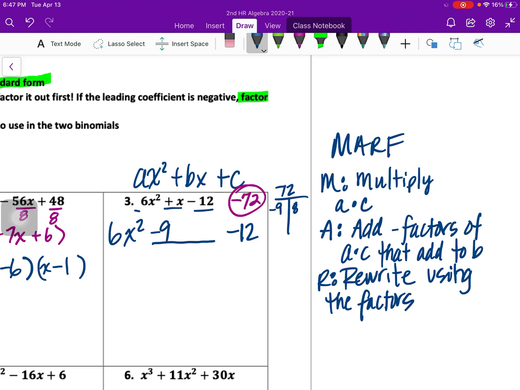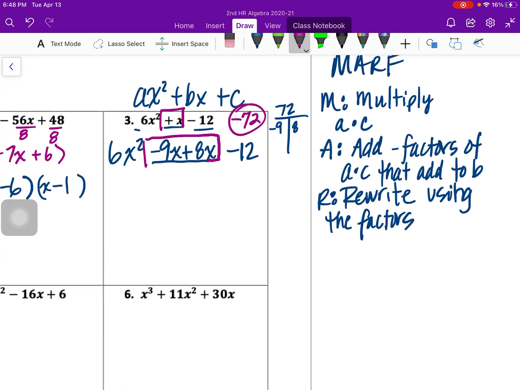So I said it's going to be negative 9x and positive 8x. If you notice, I want these two factors to equal that middle term. So negative 9x plus 8x gives me positive x. So all I'm doing is factoring that. I'm just rewriting that polynomial, but it's still equivalent to what I started with. So I'm good.